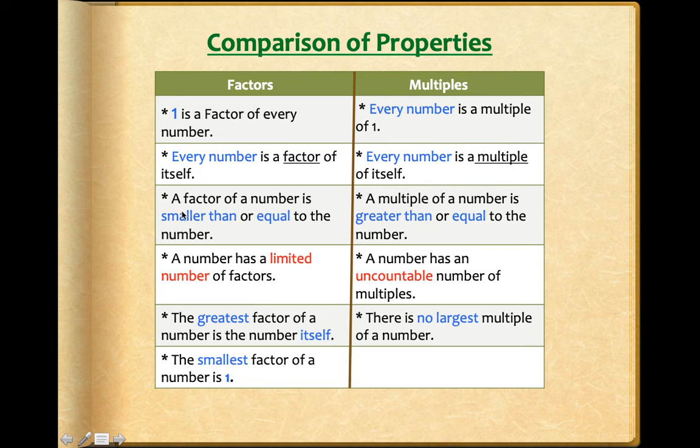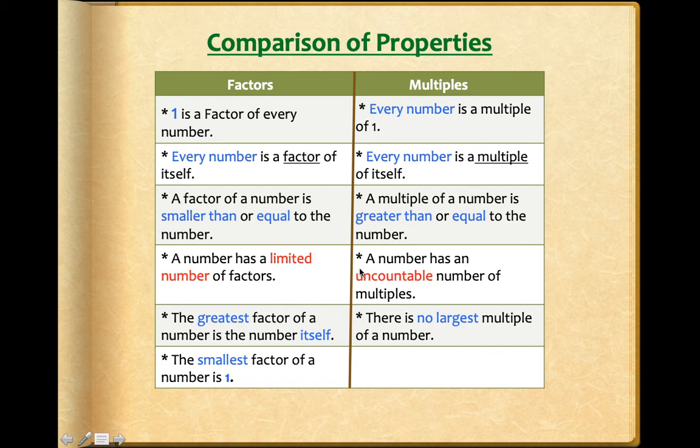In factors, a factor of a number is either smaller than or equal to the number. Whereas in multiples, a multiple of a number is either greater than or equal to the number. In factors, a number has a limited number of factors.